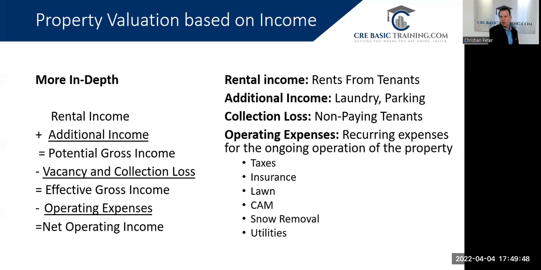These are all regular and recurring. Anything like that you're going to see. Maybe it's a water bill if the water meter is in the landlord's name. I said utilities: if they're lighting the parking lot of an office building and the landlord pays for it, that also falls under utilities and is regular and recurring.